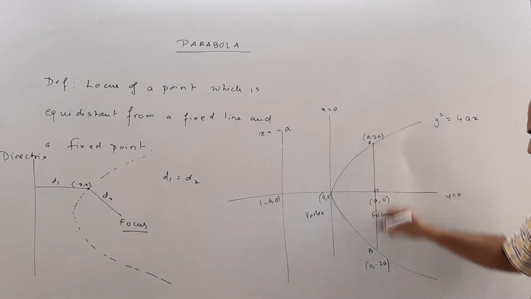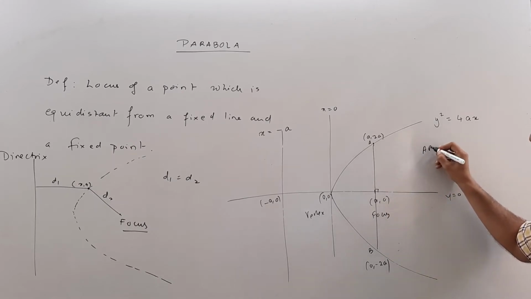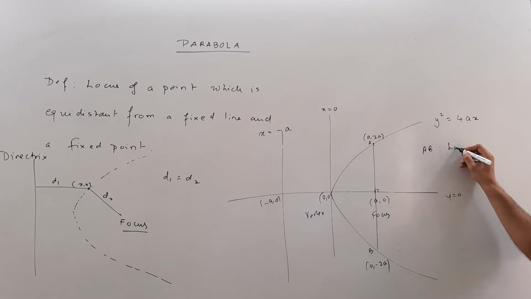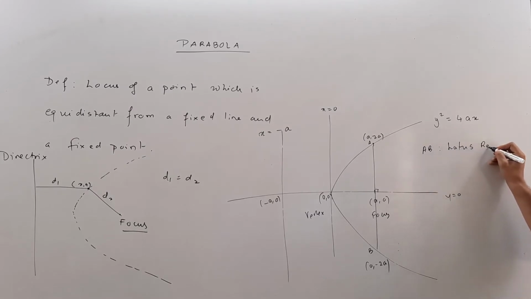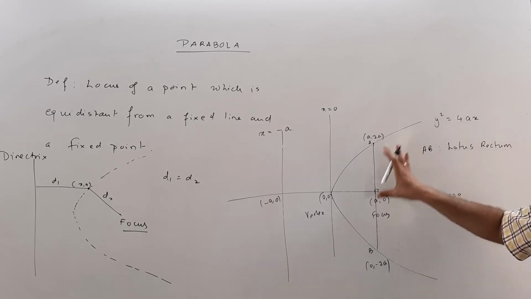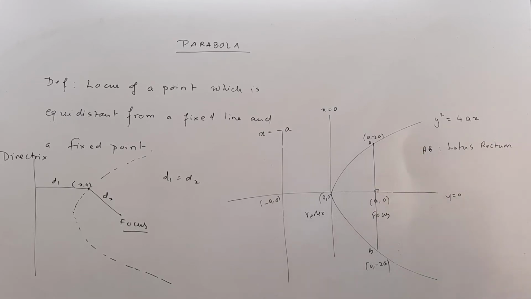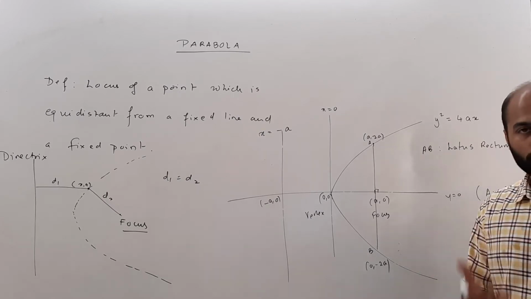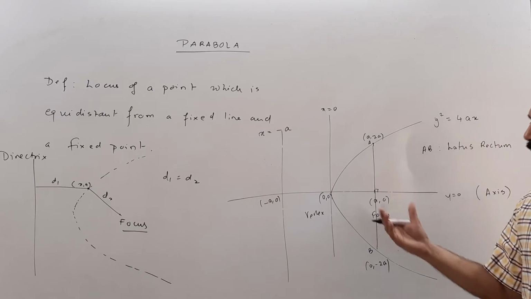So this segment AB is called latus rectum, and the length of this latus rectum is 4a, and this particular axis about which this curve is symmetric is called axis of the parabola. So these are some technical terms that you should know, and we will be dealing with all this.